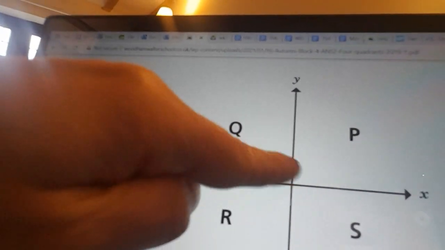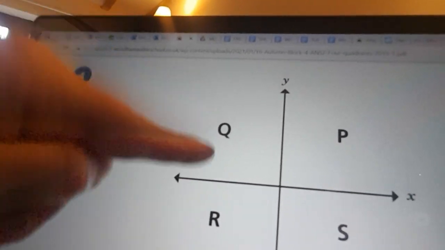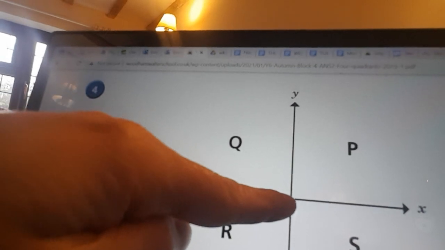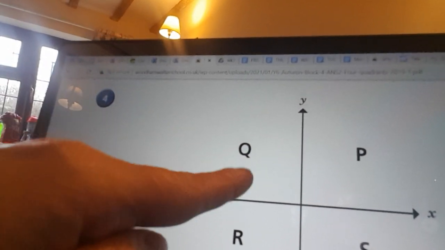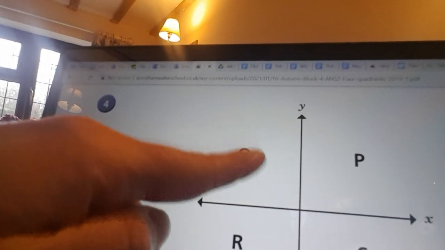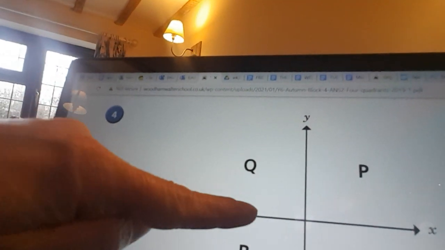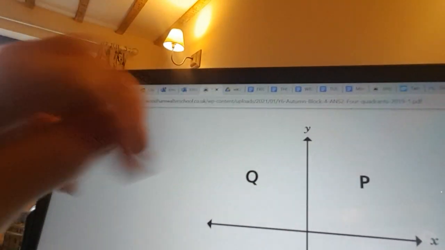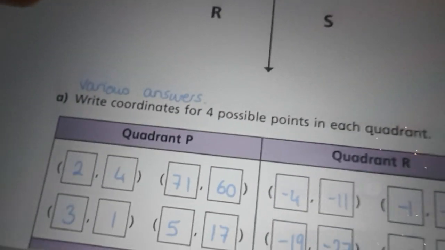So depending on whatever number you're starting at, a possible answer for Q would be -4, because you're going along the corridor first. Up the stairs is going to be positive. So you could have -4 and then 1, 2, 3, 4. Yeah, -4, 4.